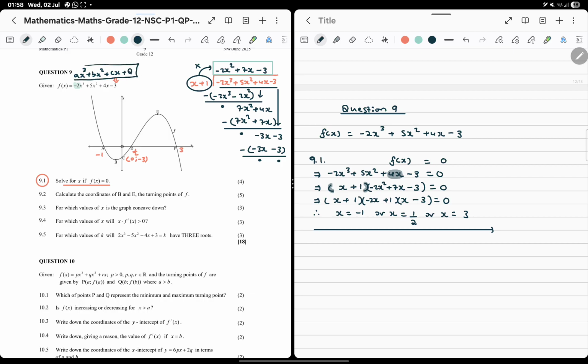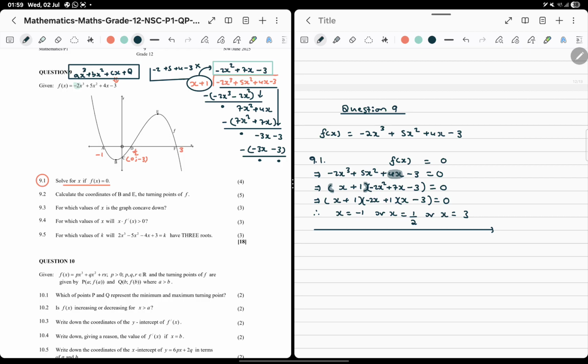It always has to be in standard form before we can do synthetic division, which is very easy, by the way, because all we do is write the coefficients as they are of our expression. So we've got minus 2, then we write plus 5, and then plus 4, and then minus 3.